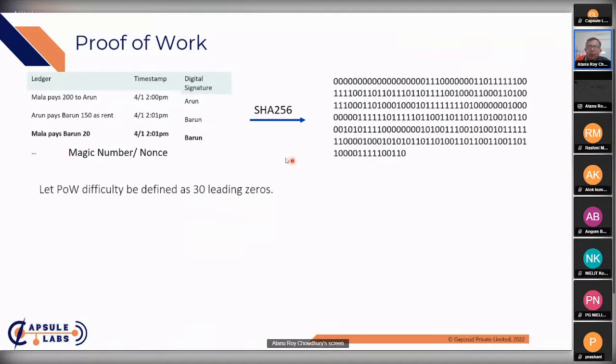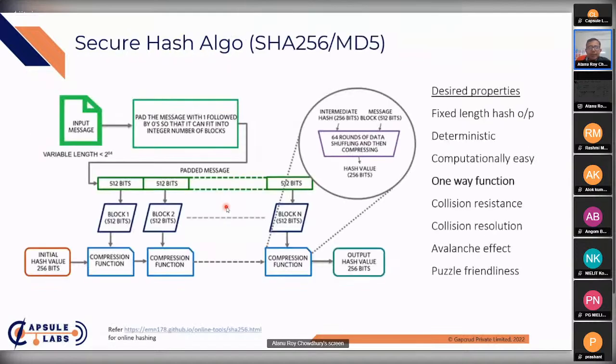So my question now is, for what value should I start with such that the hash of this block of transactions has a pattern starting with 30 zeros, right? Remember in my previous page, we were starting with this magic number, this initial hash value and the message size. So my question now is, what should this initial value be such that the output value has a particular pattern?